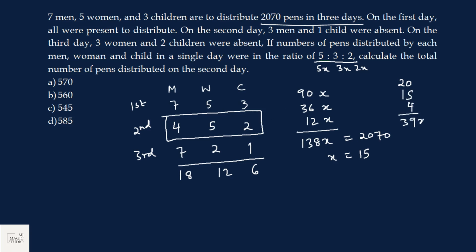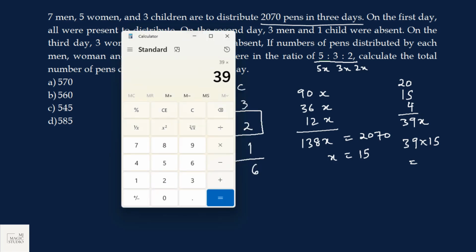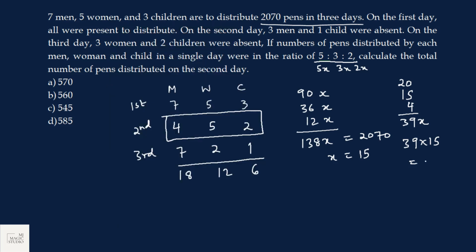That is 39x pens distributed on the second day. So it should be 39 into 15, which is 585. So on the second day, 585 pens are distributed, that is option D.